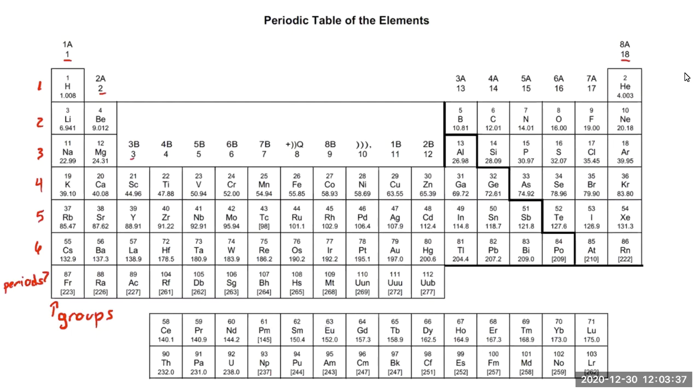So for example, group 1 is known as our alkali metals. Group 2 is known as our alkaline earth metals. Then in the middle from group 3 to group 12, so all in the middle here, that's our transition metals.